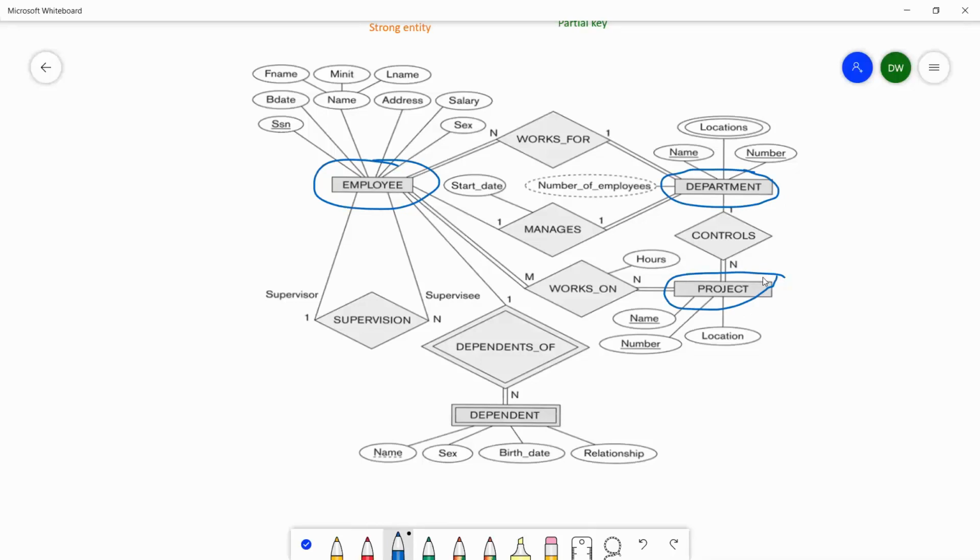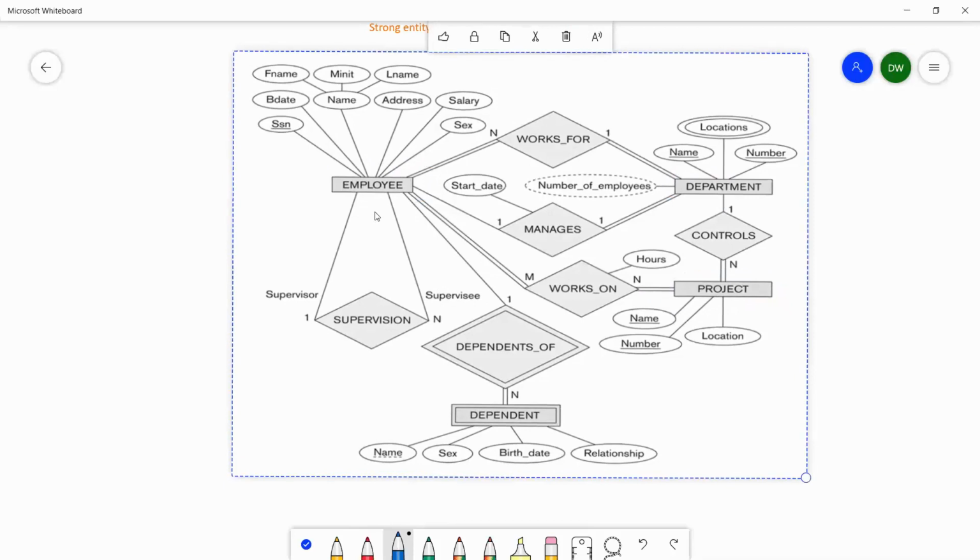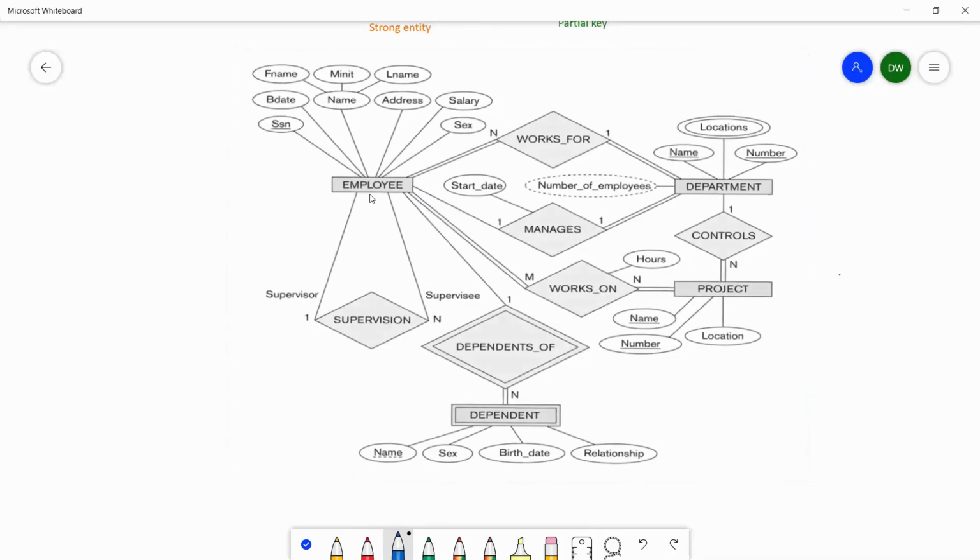How you identified those 3 is, here we have rectangles, right? Within the rectangles you have the names, right? So that's how you have identified those 3. You have 3 strong entities called employee, department, and project, and 1 weak entity which is called dependent, right?